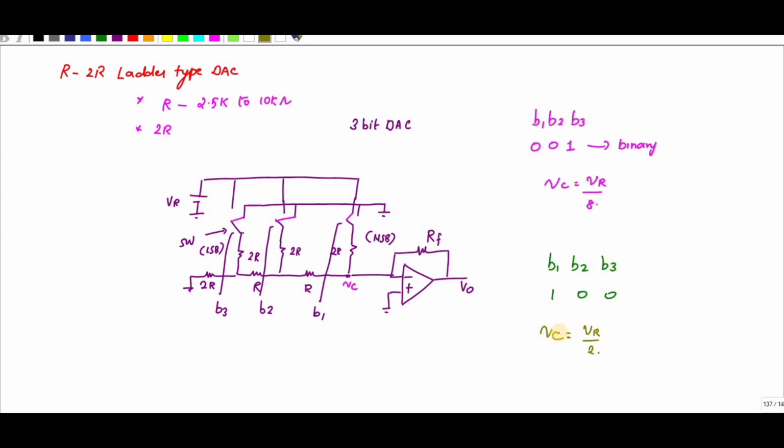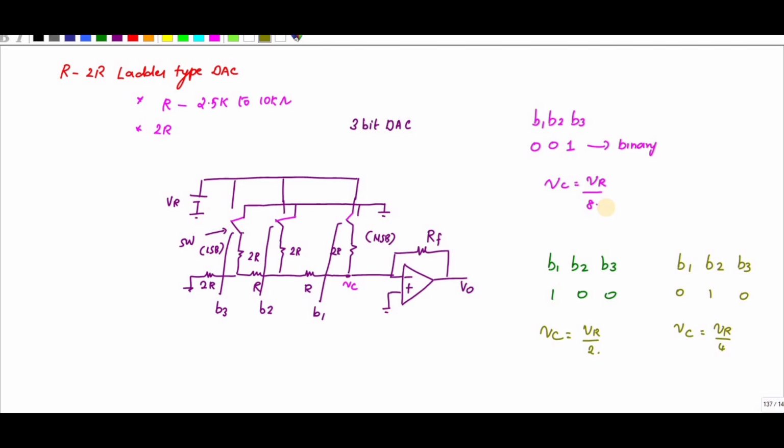If B1, B2, B3 is 100, you will get VR by 2. Suppose I have B1, B2 and B3 like this, 0, 1, 0, what is the value of VC? VC is nothing but VR by 4. So the denominator is increasing by 2, right? So if B1, B2, B3 is 0, 0, 1, you will get VR by 8.